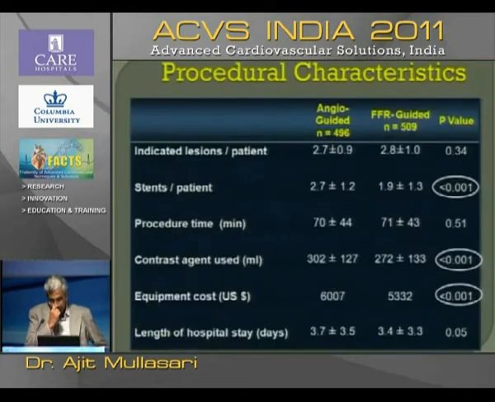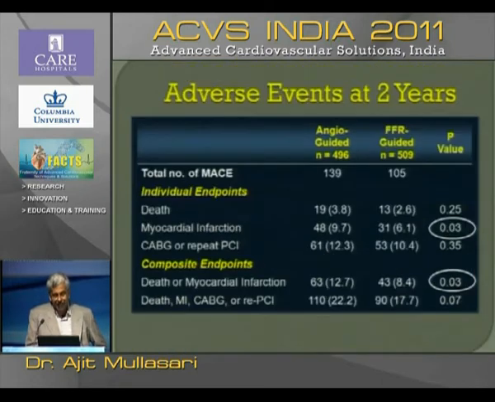This was published in the New England Journal of Medicine, and clearly what it showed is that the stents per patient deployed in angiographic-guided PCI was higher. The contrast agent used was higher in volume in patients who were angio-guided. The equipment cost was higher in the angio-guided patients. And most importantly, the event rates, myocardial infarction, and composite endpoints were lower in the FFR-guided group.